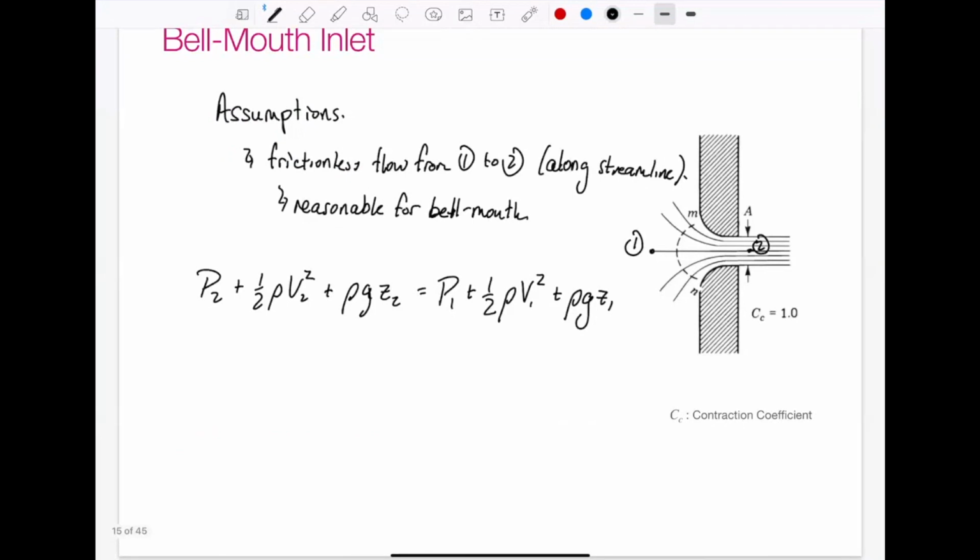So we can rewrite this as PA plus 1/2 rho VA squared plus rho g ZA is equal to PB plus 1/2 rho VB squared plus rho g ZB. We said our pressure at A was our atmospheric pressure.